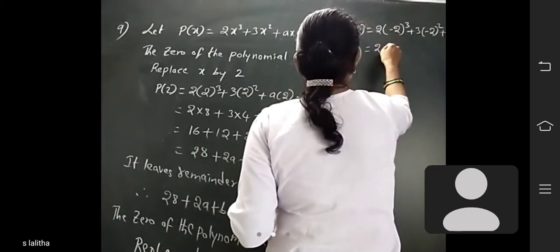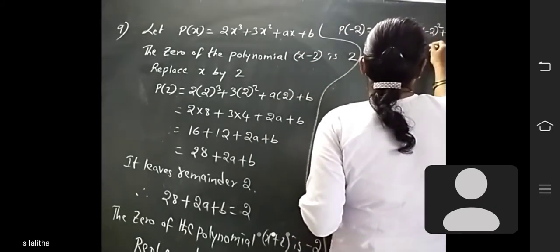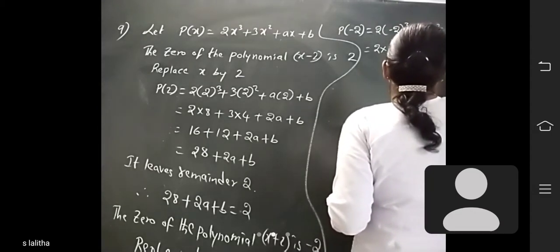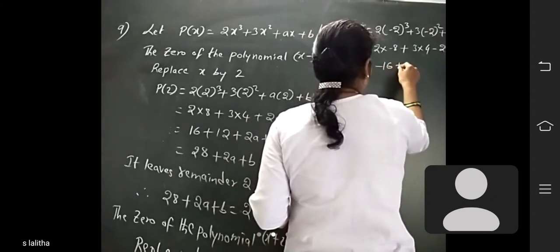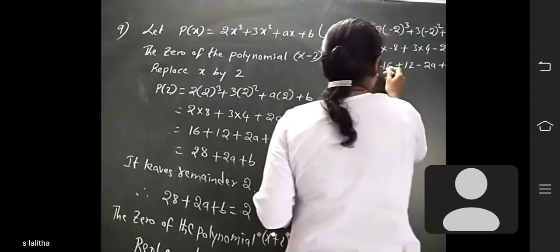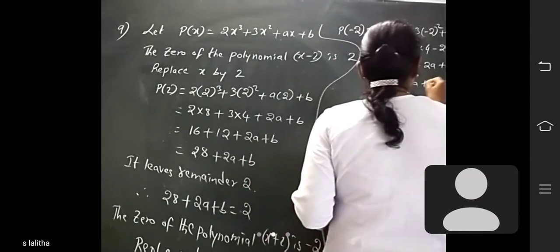So 2 into minus 2 cube means minus 8, plus 3 into minus 2 square means 4, minus 2a plus b. So 2 into minus 8 means minus 16 plus 12 minus 2a plus b. What is the answer? Minus 4 minus 2a plus b.